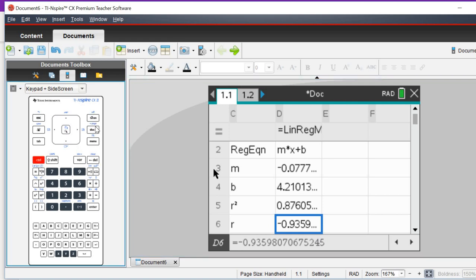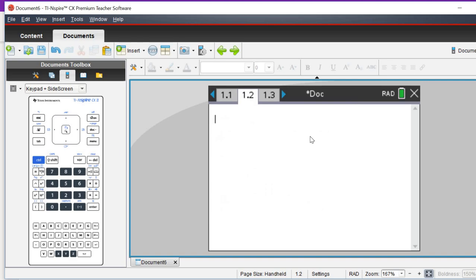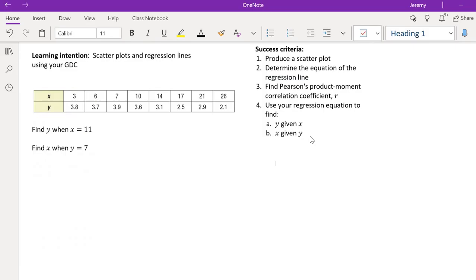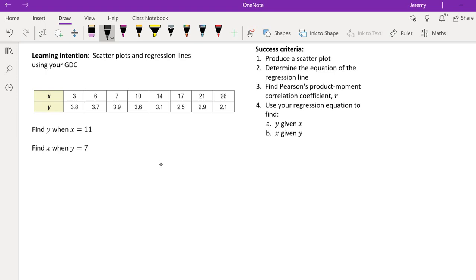If we now go to a calculator page, we can use that equation, f1. So if I want to find y when x is 11, well, what that means is that I'm taking my equation and I'm substituting whatever my m value was, whatever my c value was, I'm substituting in 11.